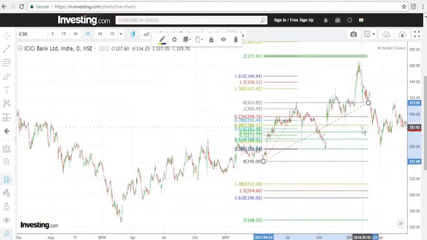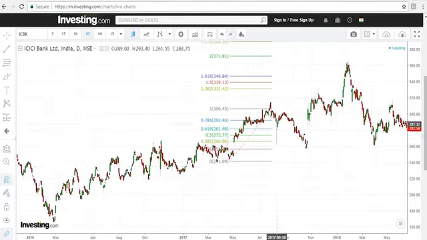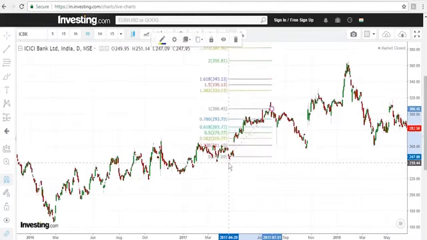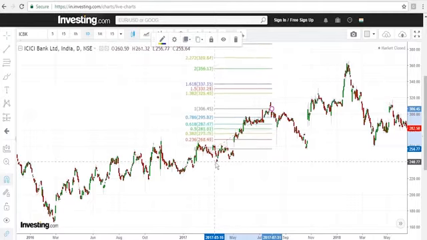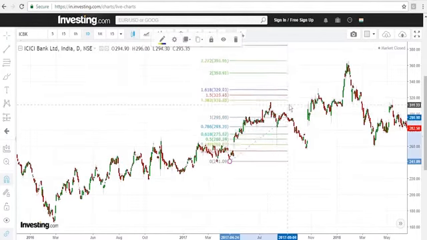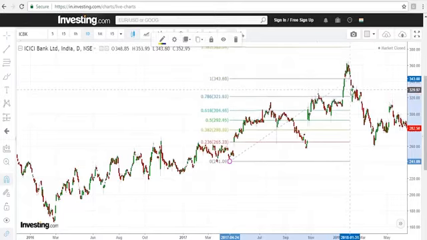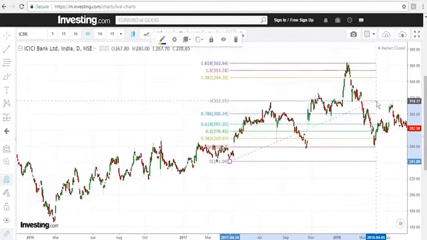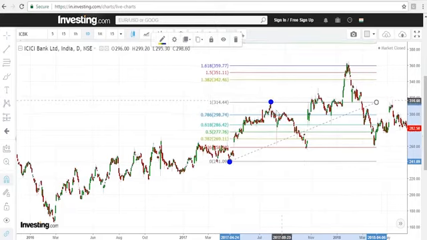For now, let me actually remove the retracement here so that the extension I can expand a little bit here, or not this line, the next line. See, I am coinciding the 100% move to this point.